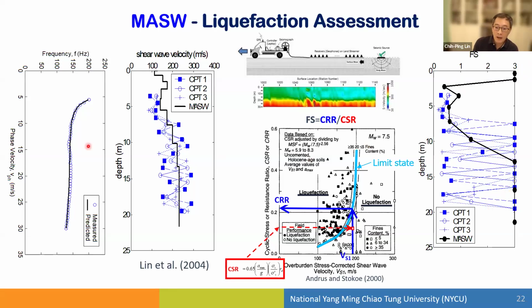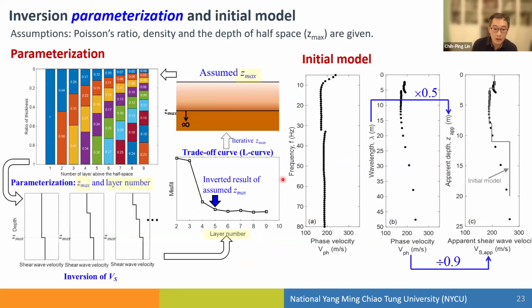Recently, because we made some new advancements, we have tried to work on the FVS inversion. When we do inversion, the first step is to parameterize our model space. Then we have to find an initial model, and then we do a gradient descent type of local optimization to find the best fit.